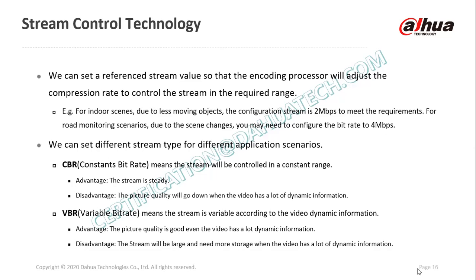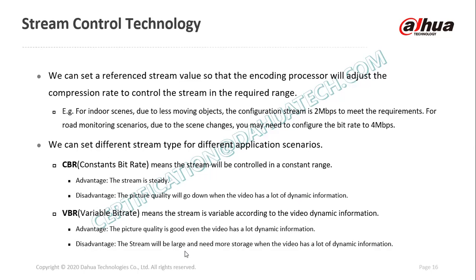While VBR means the stream is variable. Depending on the situation in the environment, the video stream from the camera, including audio, can come in different ways. The advantage of this is that the picture quality is good, even if the scene is changing.